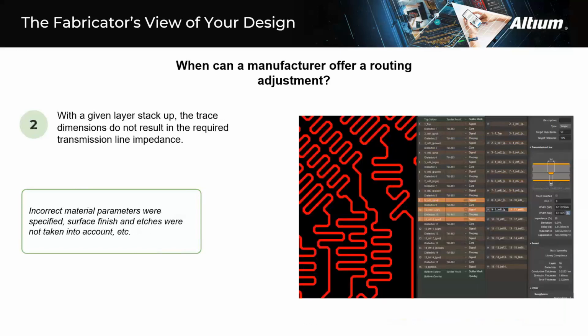This example considers a situation where the trace dimensions do not result in correct transmission line impedance for a given stack-up. However, in this instance, it is the fabricator that is proposing a change to the routing. Typically, the trace width of single analog signals is adjusted, along with spacing in the case of differential pairs.